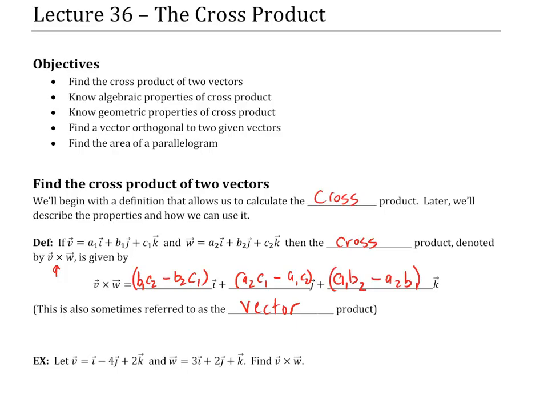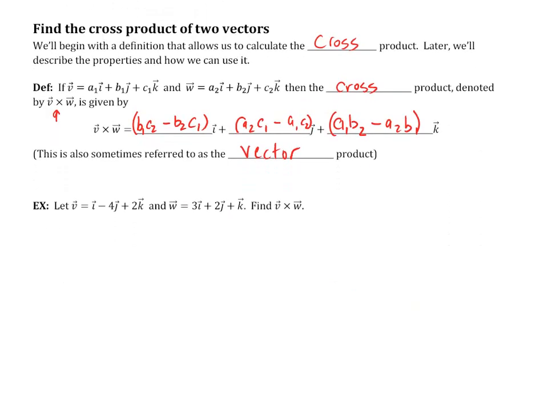So let's just use this formula as it appears now to find v cross w. Remember this is a1, b1, c1, and a2, b2, c2. Order matters for this to get the right answer, and we'll show that later on. This does not commute the same way that the dot product does.